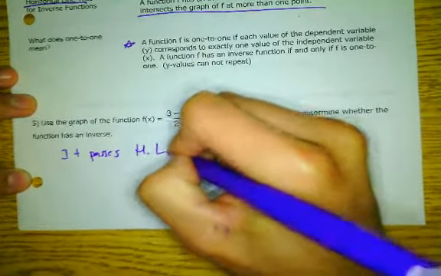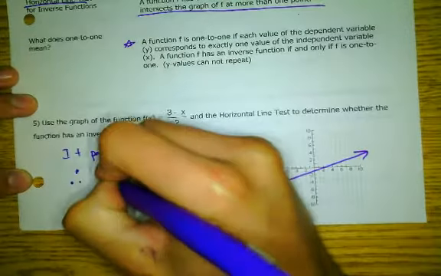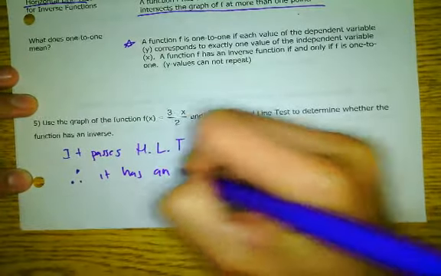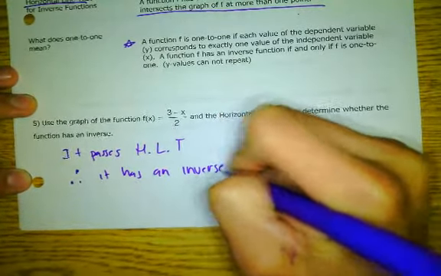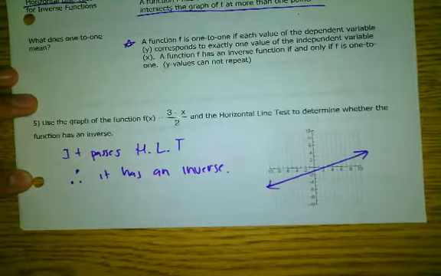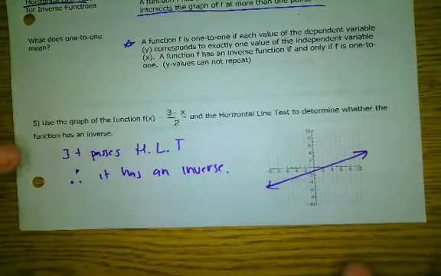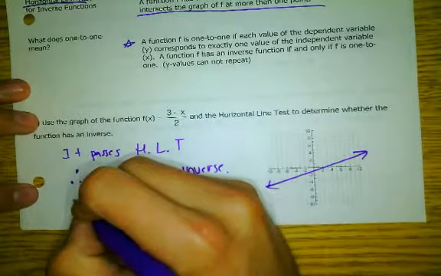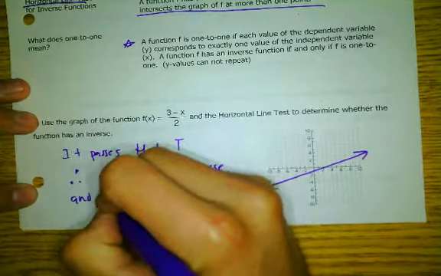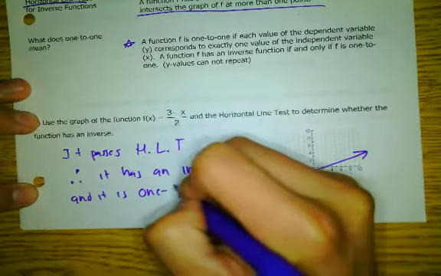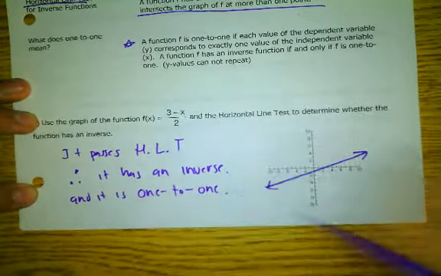Alright, so the last thing, now that you know how to do that, number 6. Very quickly, because we're running out of time, the graph of y equals x to the third looks something like that. Agreed? Will that have an inverse? Yes, it does.